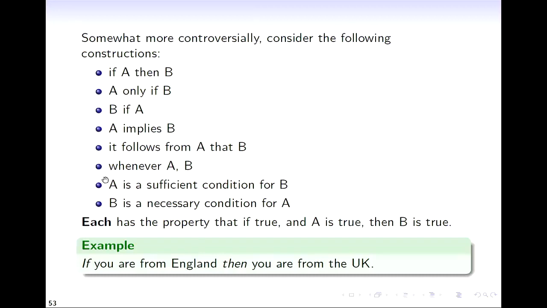All these statements may sound different, but logically speaking, they all mean the exact same thing. And this is why implication is a bit difficult. In particular, you can see here this reversal of A and B. It is the exact same thing to say that A is a sufficient condition for B as to say B is a necessary condition for A. And why is that so?